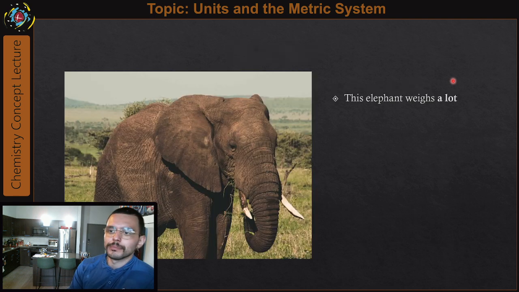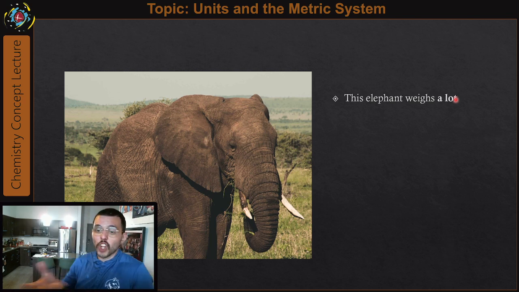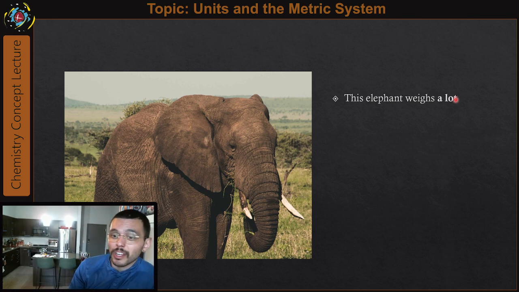Example 2. I look at this elephant and I can say this elephant weighs a lot. In this case, lot is a unit that means big, right? It's kind of undefined, but I tell you a lot, you know what a lot is. I can, however, instead say 3 to 7 tons. We know that a ton is big, so saying it's 3 to 7 makes it clear this creature is really big.